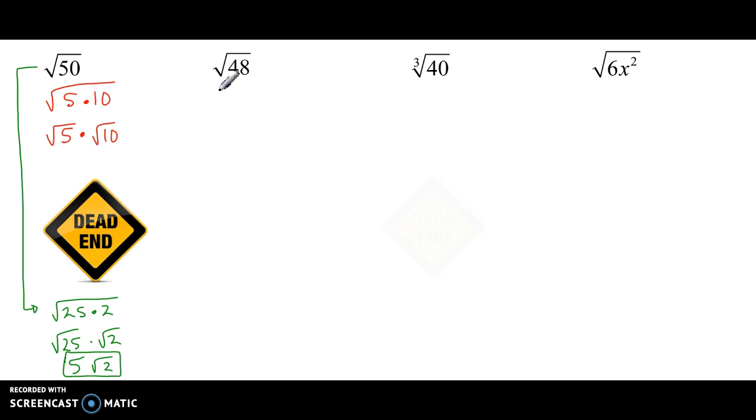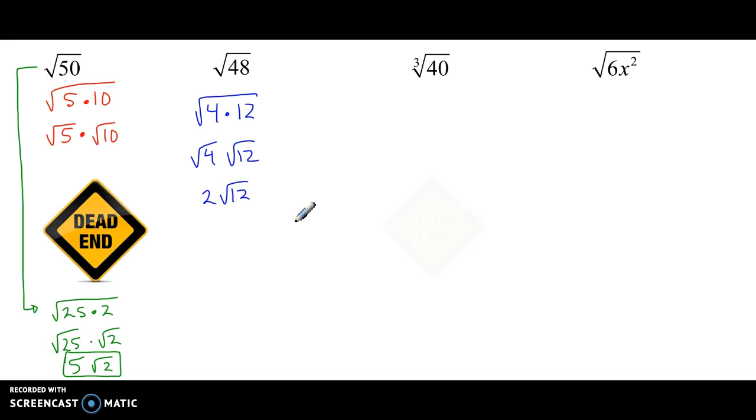The slow way, the natural way that most students at first would think of, would look at 48 and see that there's a 4 in there. Especially if they're thinking, I want to take a square root, I'm thinking of a perfect square. It's real obvious that 48 has 4 in it, and it's real obvious that 4 has a nice square root. It's one of the easiest square roots, isn't it?